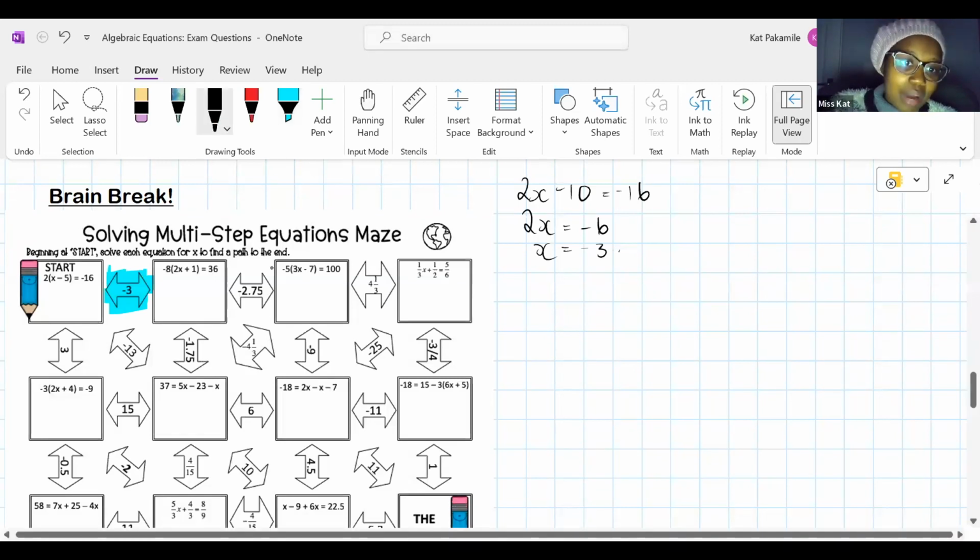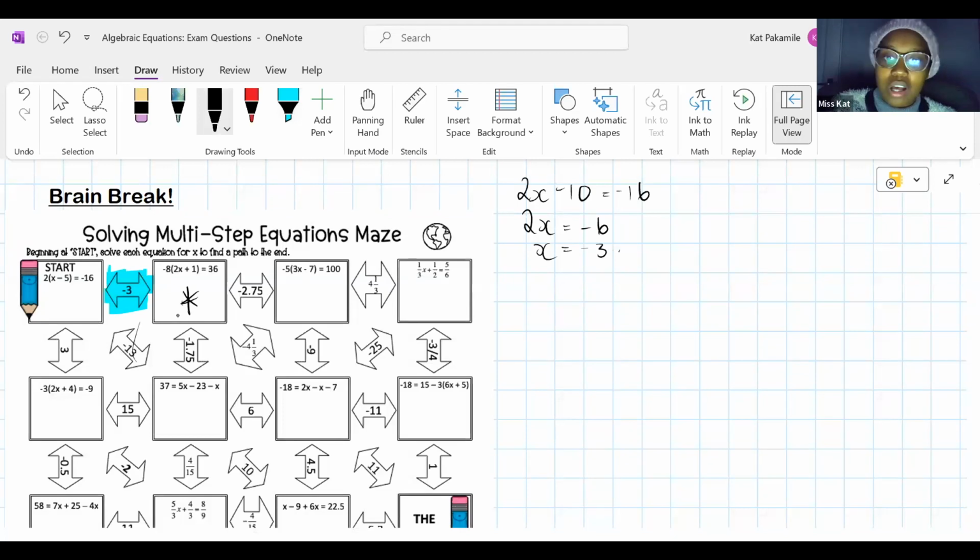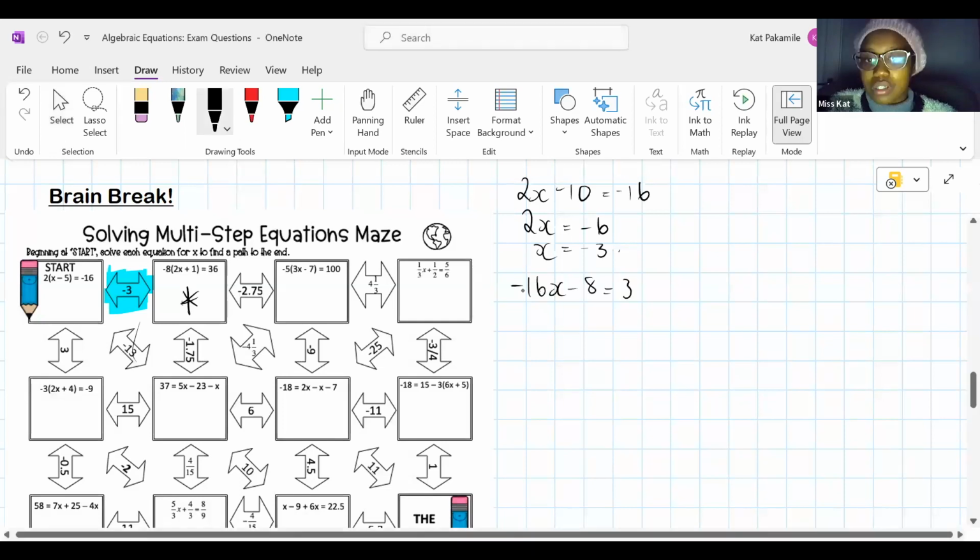What's next? Now we are on this block over here, there by the star. What is our answer for that one? Oh, they're all negative. Okay, let's see what's happening. So it's going to be -16x minus 8 equals 36.